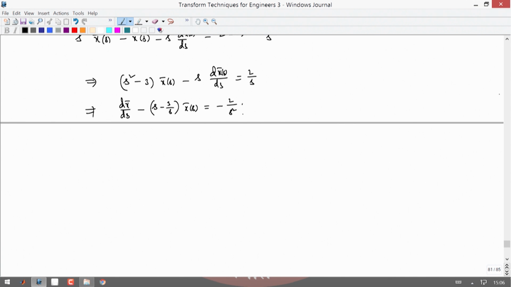Now we need to solve for x bar of s. This is a linear ordinary differential equation in the variable s, so one can solve it by multiplying by an integrating factor, e power integral of p, that is minus (s square minus 3) by s ds.